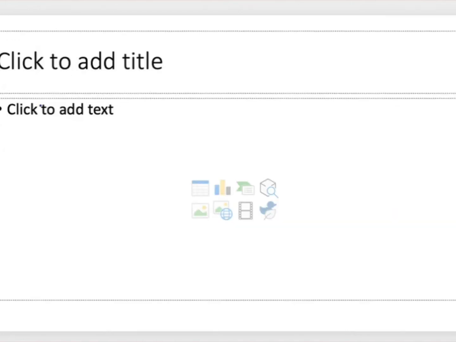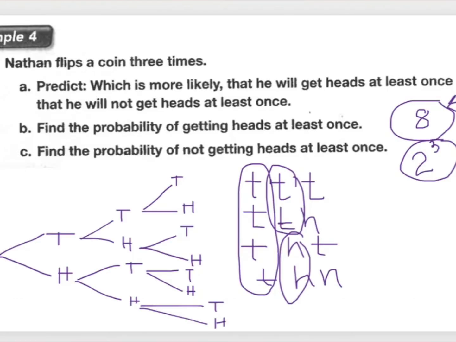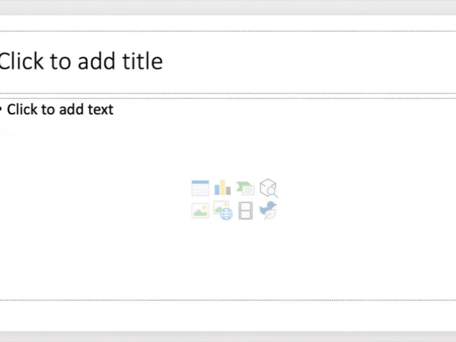So if I were going to do this, we're just going to get another slide here to work with, just so we have a nice clean slide. So now I'm going to do this problem, not with a tree diagram, but with a truth table here. So I'm going to start at the top. Tail, tail, tail. Since I know there's 8 outcomes, I'm going to make 4 tails. And then right below, I'm going to make head, head, head, head.